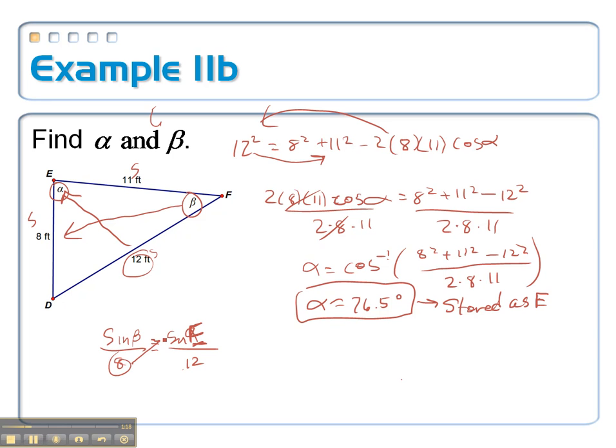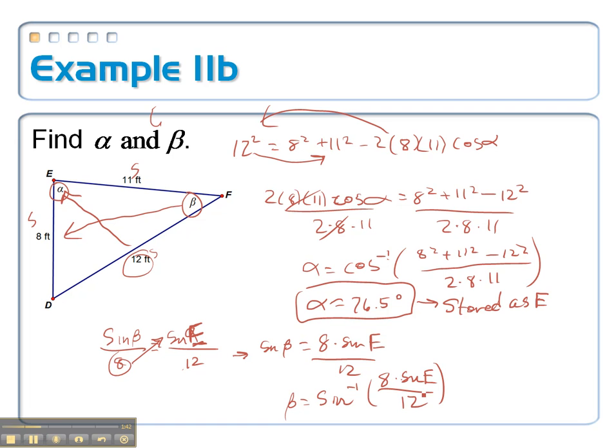Multiply the 8 up top, and I get sine beta equals 8 times the sine of e over 12. But I want beta, not sine of beta, so I have to take the inverse sine of 8 times the sine of e, all over 12.